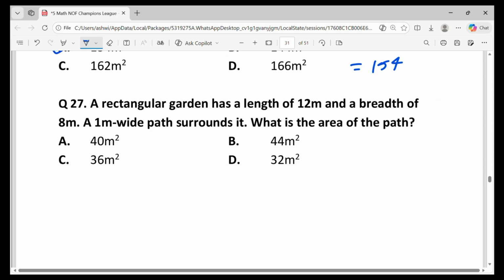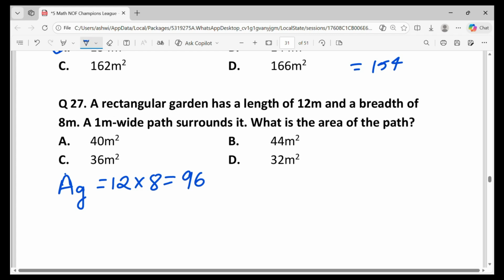Question 27. A rectangular garden has a length of 12 meters and a width of 8 meters. If a 1 meter wide path surrounds it, what is the area of the path? The area of garden, AG, is equal to 12 into 8, that is equal to 96.